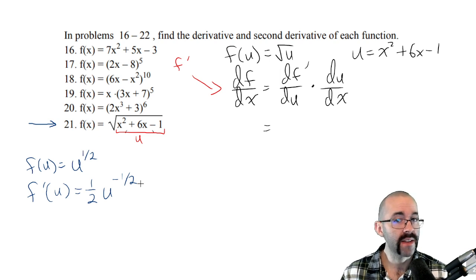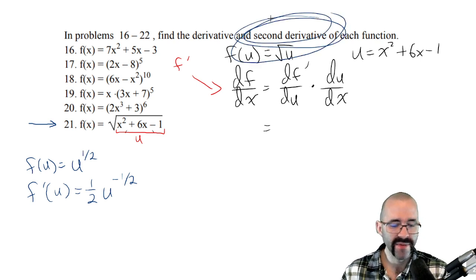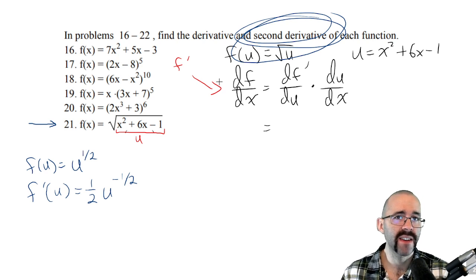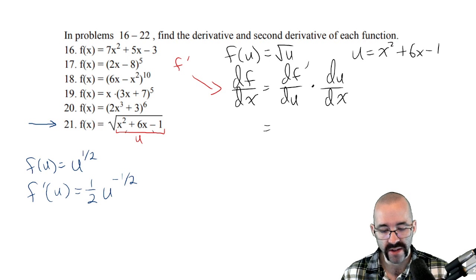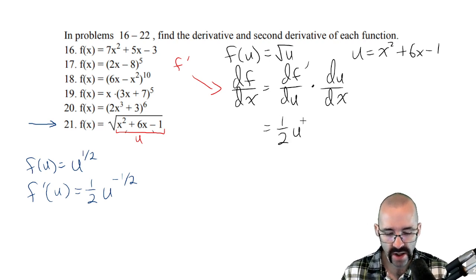Normally, we rewrite this now. We clean it up. We put it back as a square root. But I'm not going to put this back as a square root because we have more derivatives coming. And it's easiest to take a derivative when we have it in this form. So let's leave it as 1/2 u to the negative 1/2.